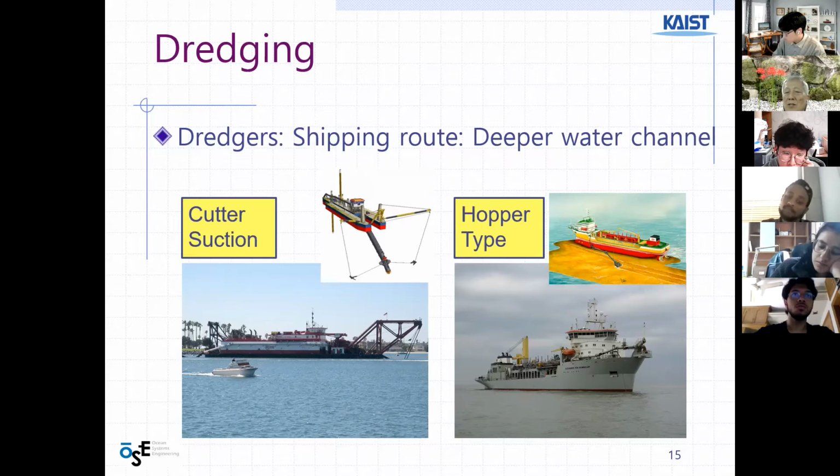And we call it the Yellow Sea, where Incheon Airport is located. The west side of the ocean of Korea is very shallow water, shallow ocean.